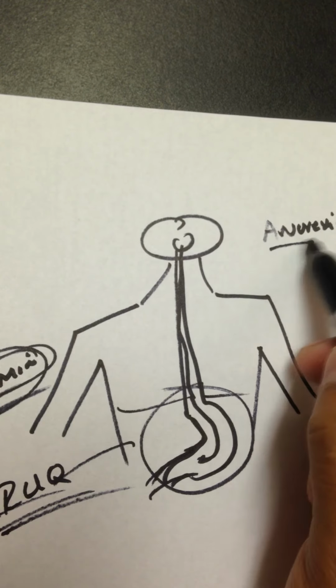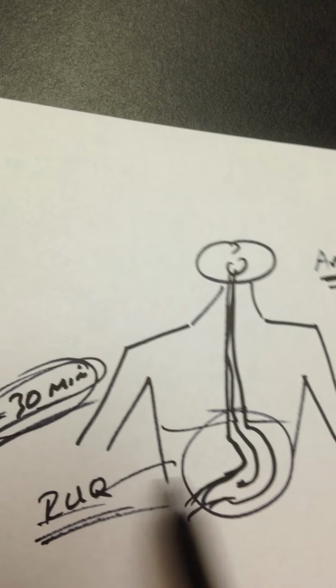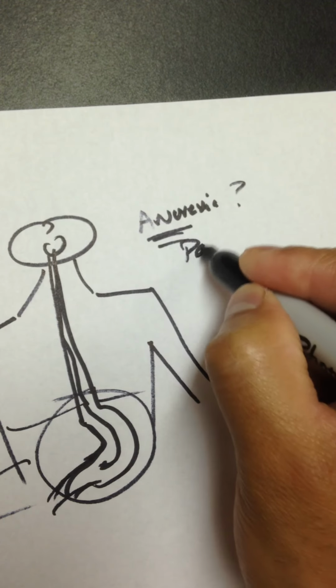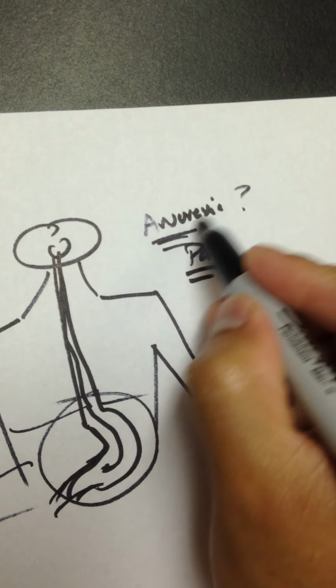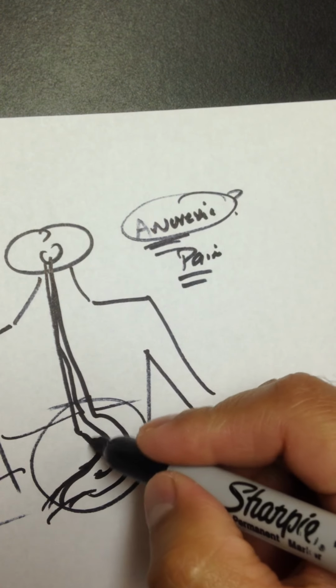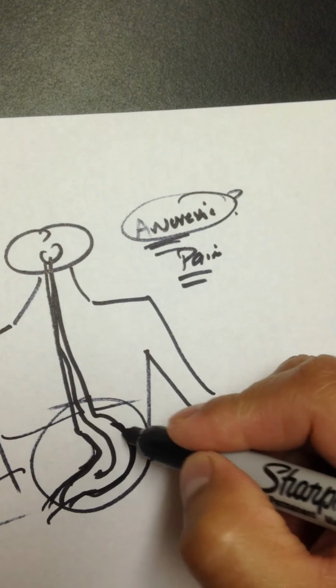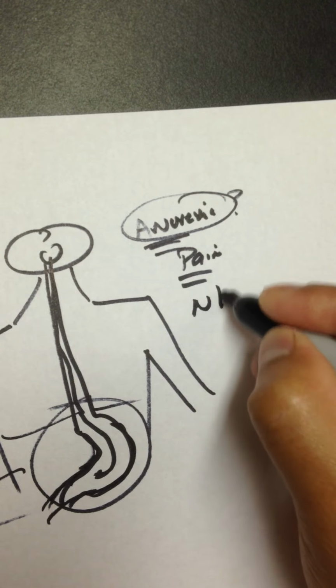So you will have anorexia because anytime you eat, you're going to have pain. So people are going to try and avoid pain. Therefore, they will begin to eat less and less. Along with this anorexia, anytime that irritation occurs, you may also have some nausea, vomiting.